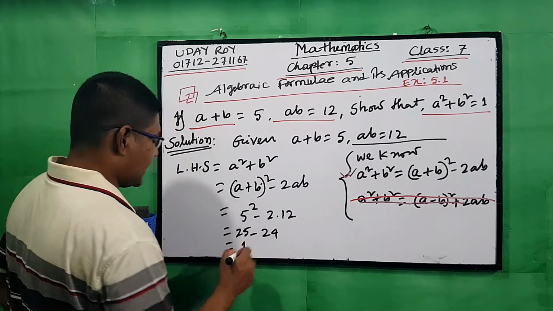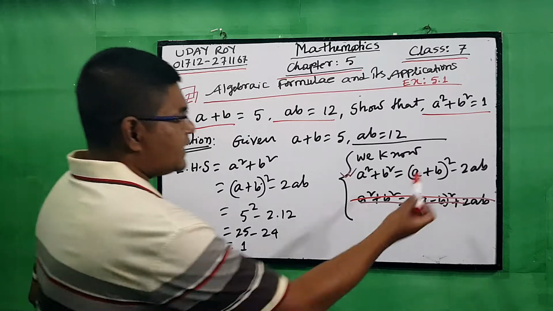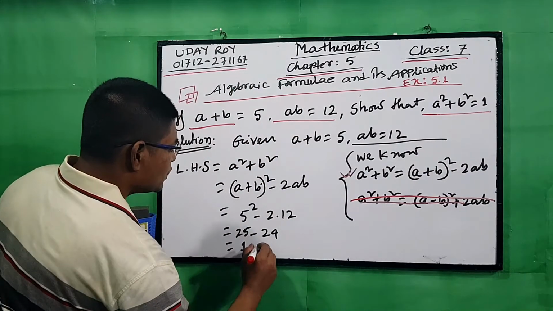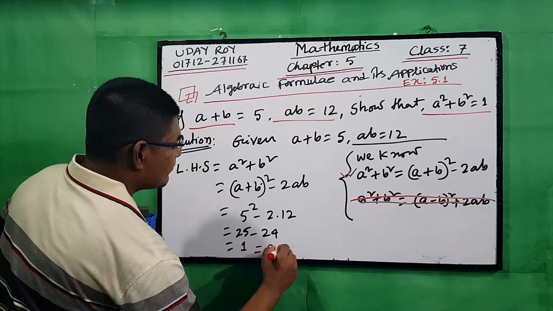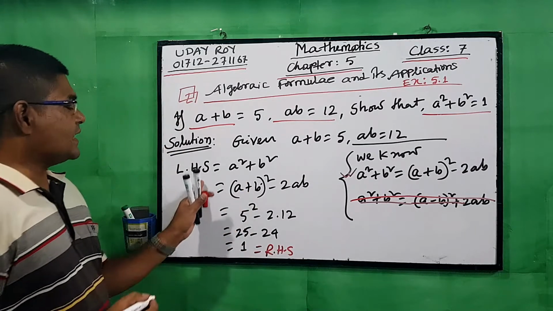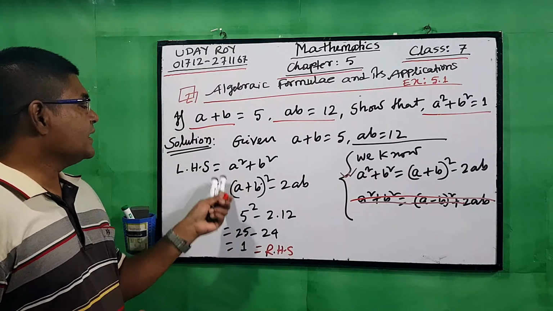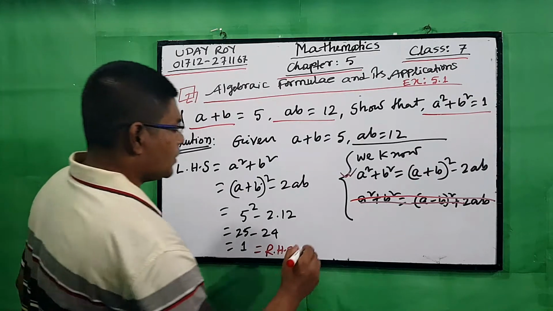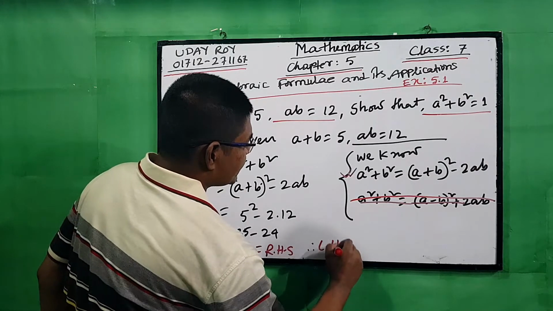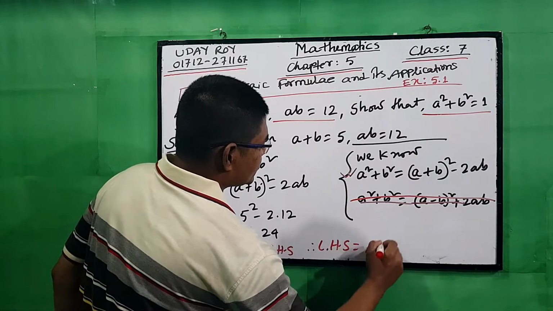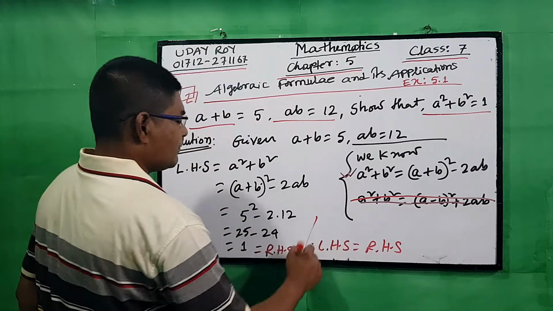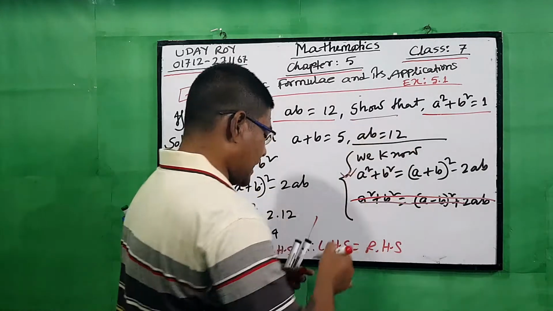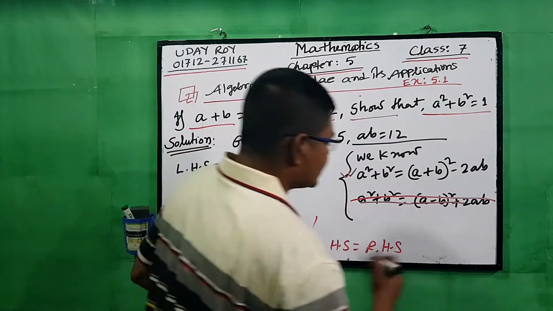We have got 1. Here also 1. This is the left hand side and this is the right hand side. So we can write left hand side equals right hand side. Here it is show that, so you have to write shown.